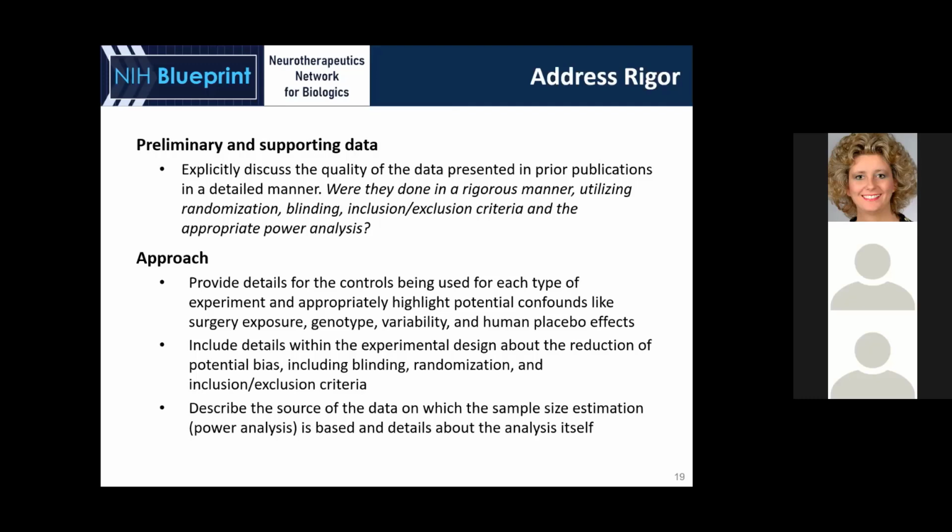Include details within the experimental design about the reduction of potential biases and include subsequent rigor experimentation, including the blinding, randomization, and inclusion-exclusion criteria that you use to evaluate your preliminary and supporting data. Describe the source of the data on which the sample size estimation is based and provide details about the analysis itself. So this is very important within the approach section of your application.